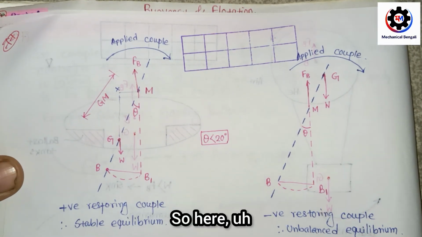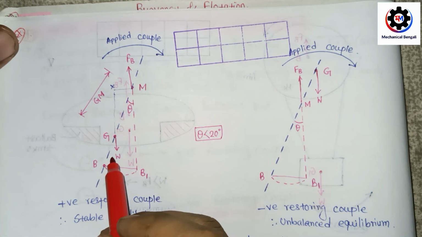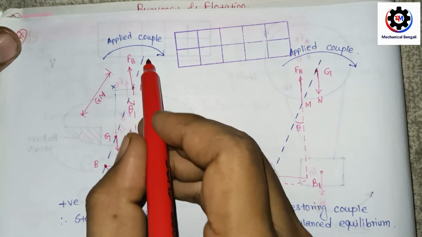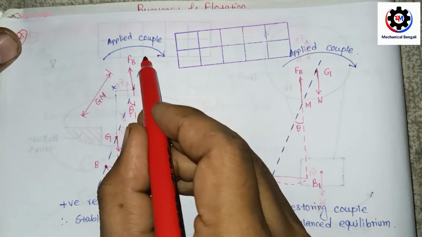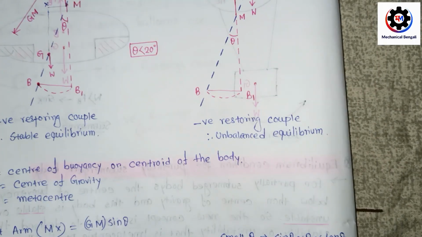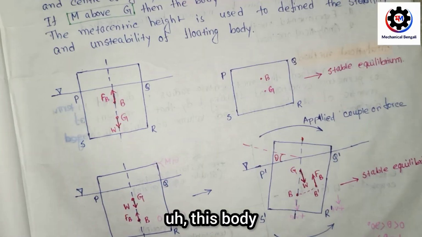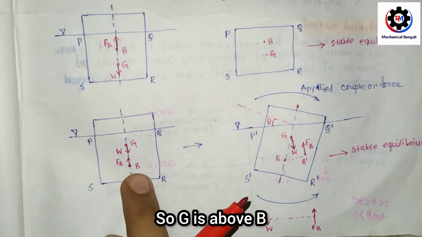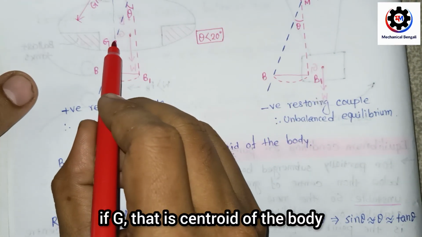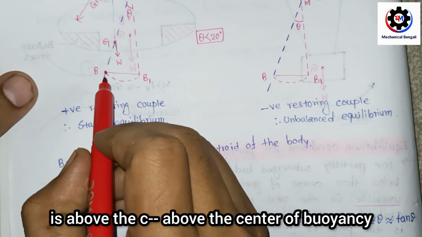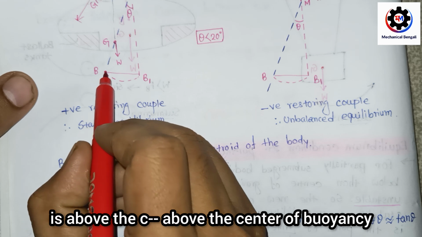Now suppose this is B, the center of buoyancy, and this is the centroidal axis. When you apply some couple, focus on this body. Here G is above B, that is, the centroid of the body is above the center of buoyancy.